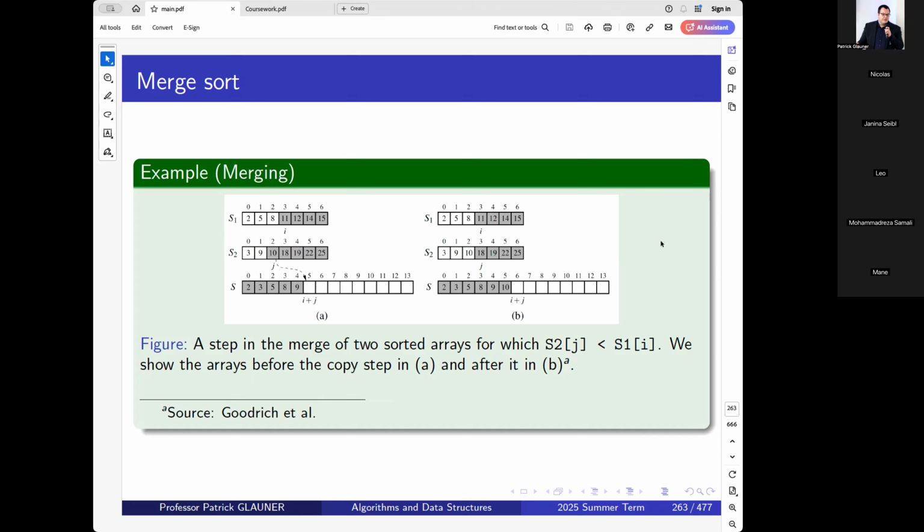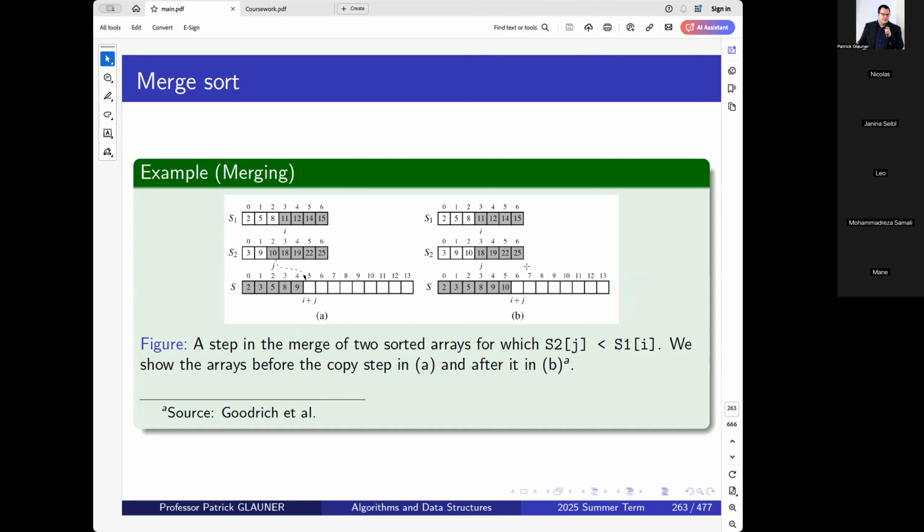How can this be implemented? What you always need to do is you need to put initially your index I at 0, j at 0, and you're writing in S, and S has just the length of S1 and S2 combined, and the element you're currently writing on in S is just indexes I plus j, because you have index I from the first list and index j from the second list.